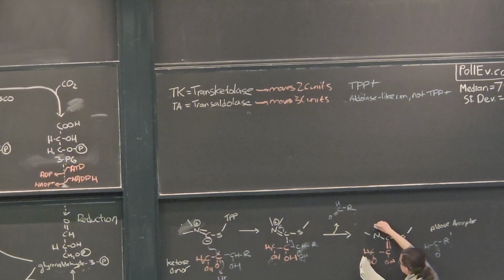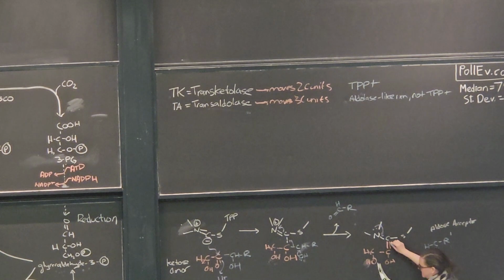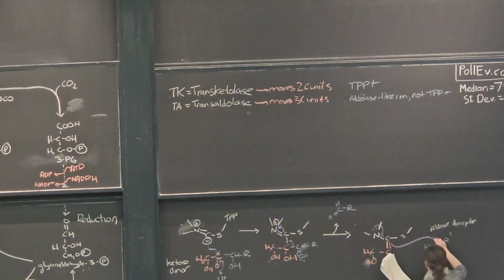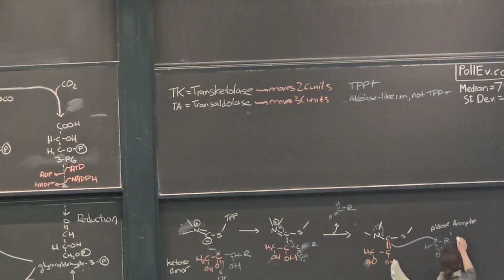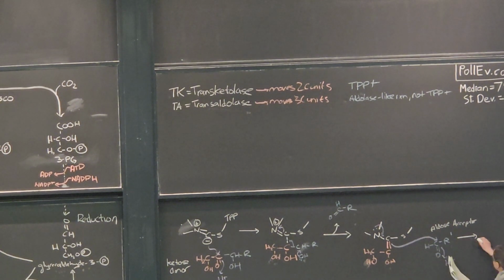And so we're going to take this lone electron pair here. We're going to use the electrons in this double bond to form another carbon-carbon bond with this carbon here at this aldehyde. We pull a proton from solution. This gives us the following intermediate.